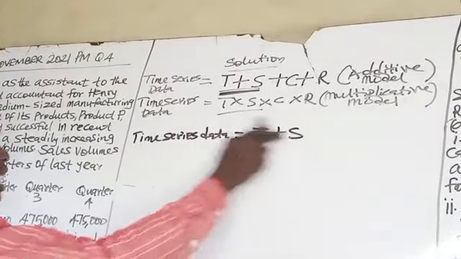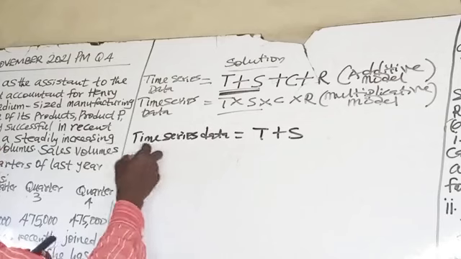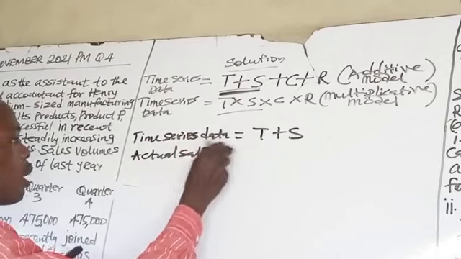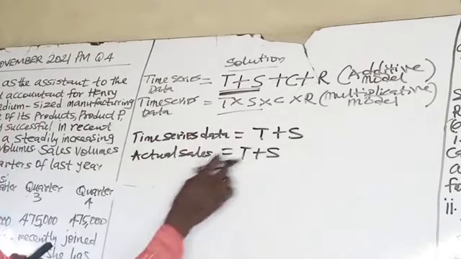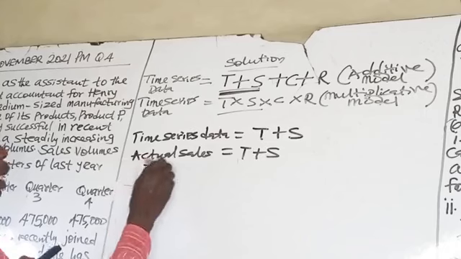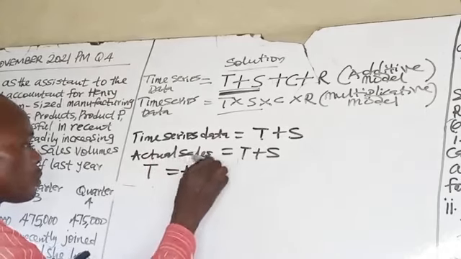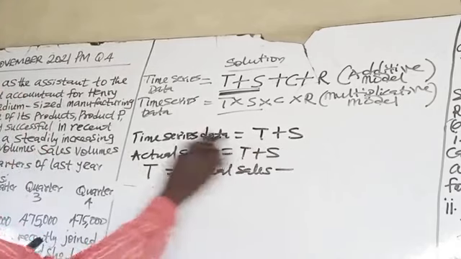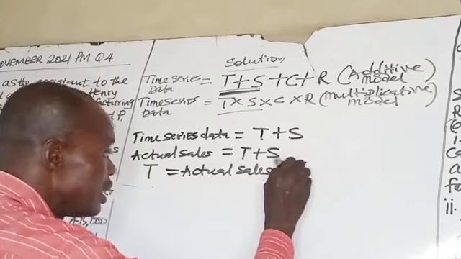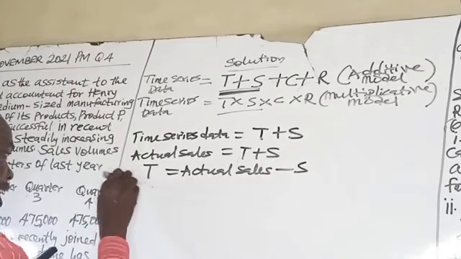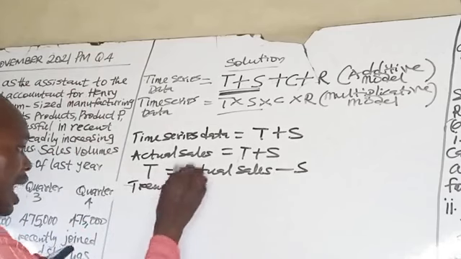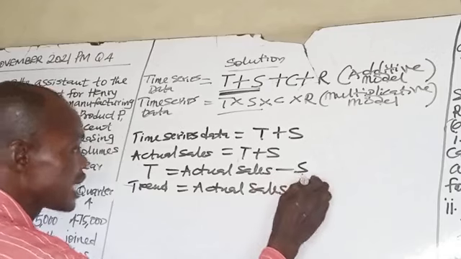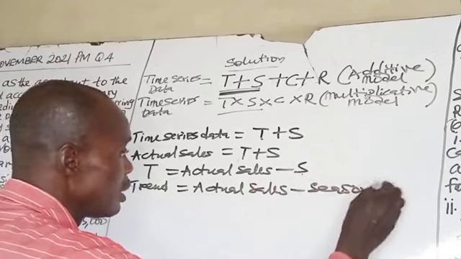This time series data, let us assume it is actual sales, equals trend plus S. So if you make T the subject, T will be equal to actual sales minus S. Remember, T stands for trend, and this is actual sales, which will be provided in the question, minus S, which stands for seasonal variation.